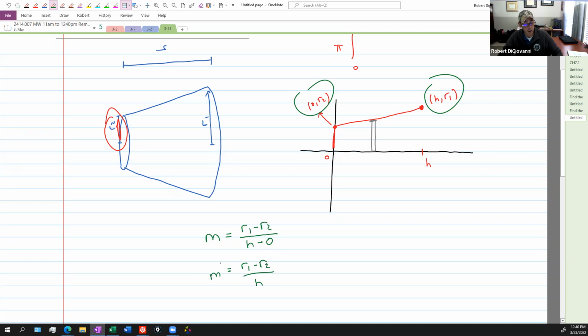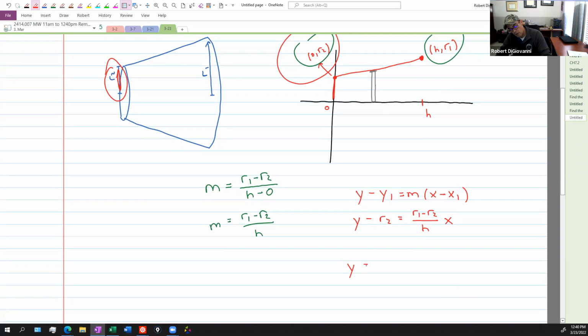And now to find the equation, you use your point-slope formula: y minus y1 equals m times x minus x1. I'm going to use this point right here. This is y minus R2 equals the slope, R1 minus R2 over H, times x minus 0, because x1 is 0.